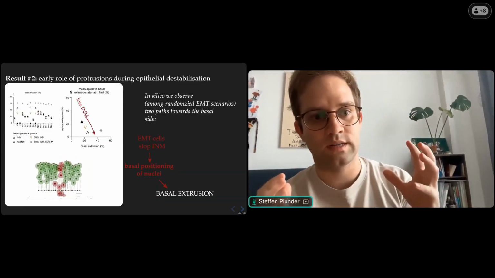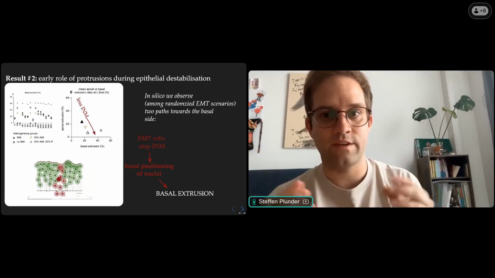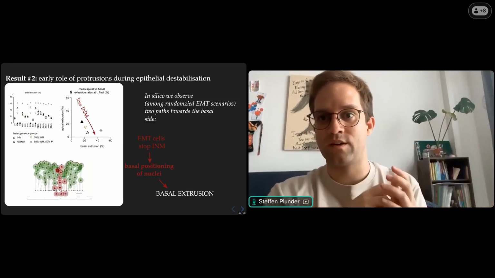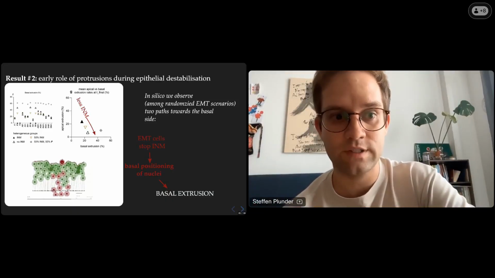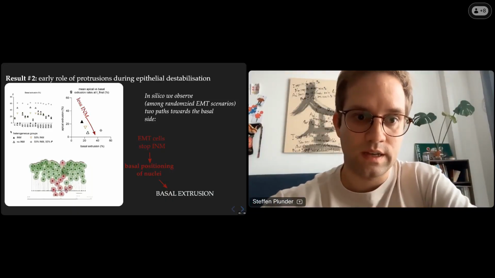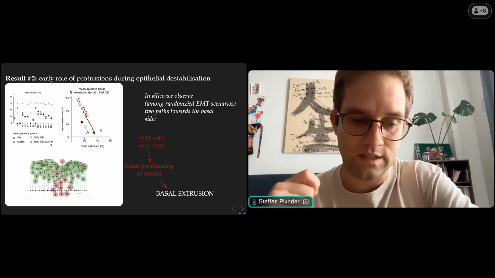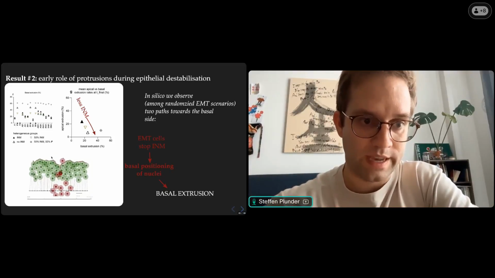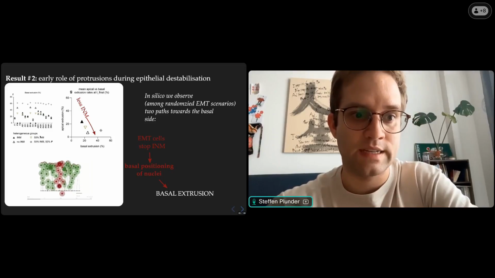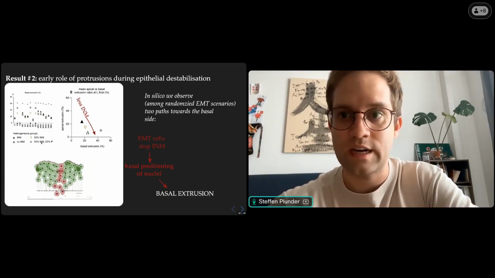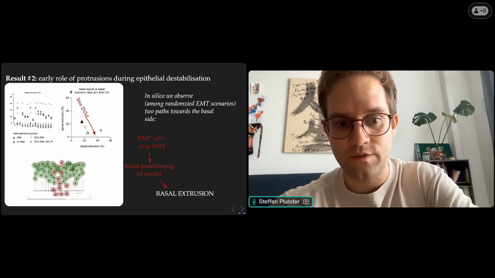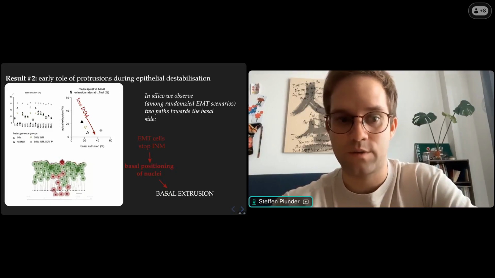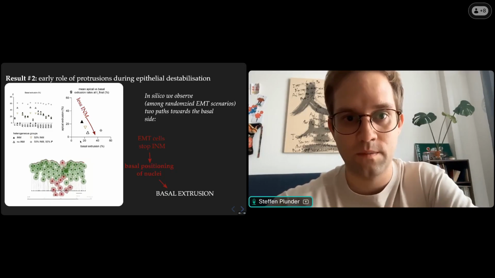So how does it change the behavior if all the cells are doing the same versus all the cells are performing different phenotype changes? And what we did here is we simulated a lot of heterogeneous groups of cells, and then we modulated how much internuclear migration is happening and how many of the cells perform protrusions. So here it means 50% of the cells perform protrusions and 50% of the other cells do not perform protrusions in one simulation.